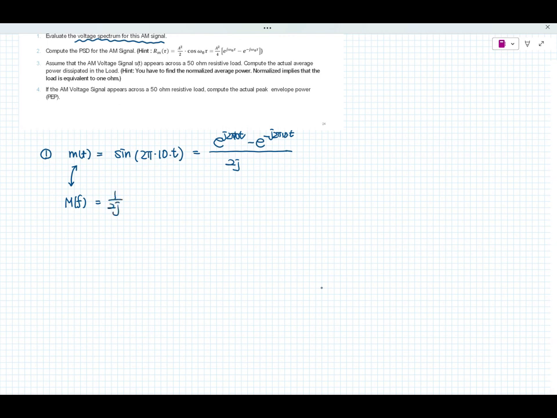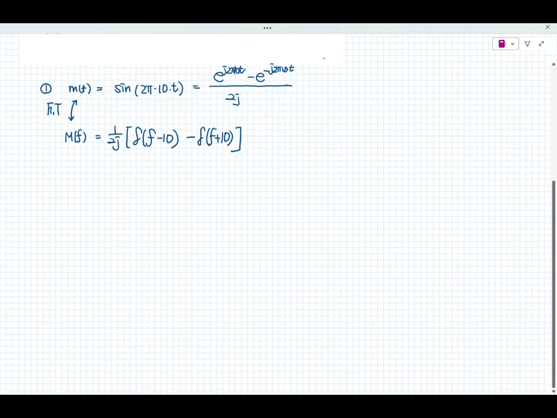Then the Fourier transform, you can check in the table, is 1 over 2j times delta of f minus 10 minus delta of f plus 10. This is the Fourier transform of m of t.